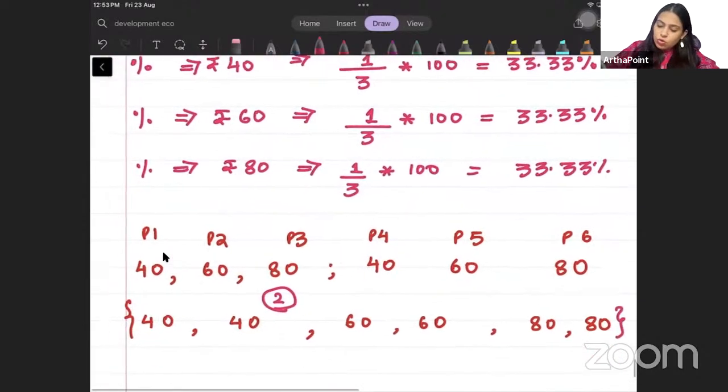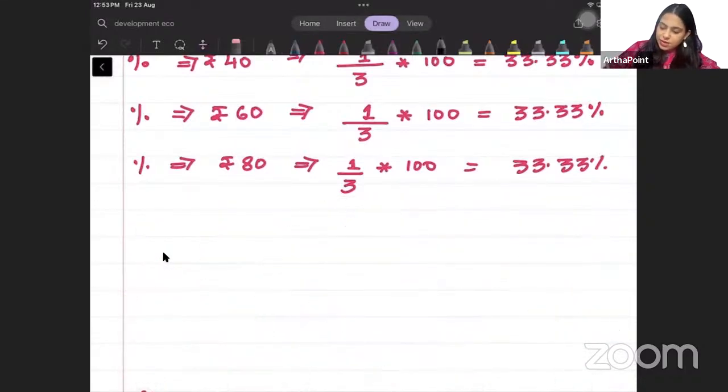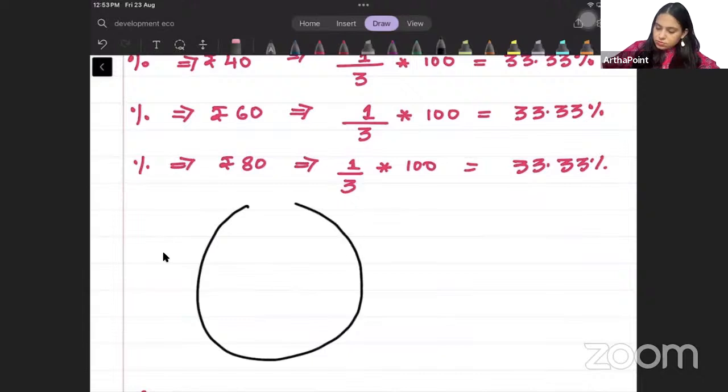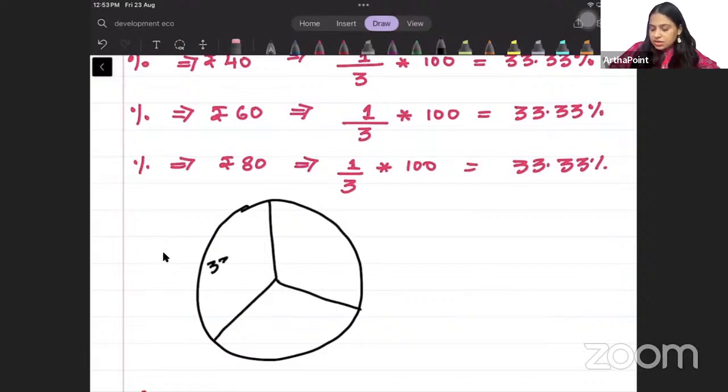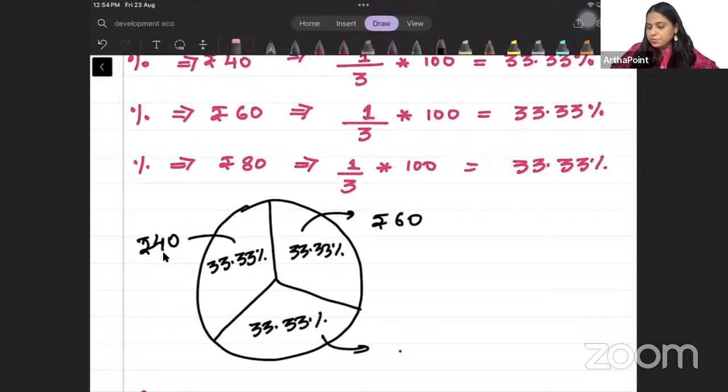So if I were to go ahead and make a pie chart, अगर यहाँ पे हम एक ग्राफ बनाए, so I can split this equally in 3 parts. 33% of the people are earning 40 rupees. 33.33% of the people are earning 60 rupees. And 33.33% of the people are earning 80 rupees.